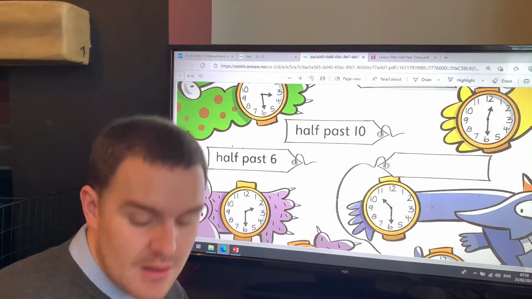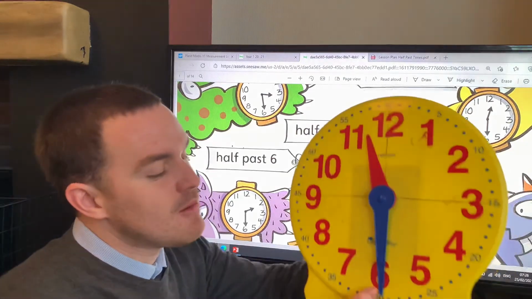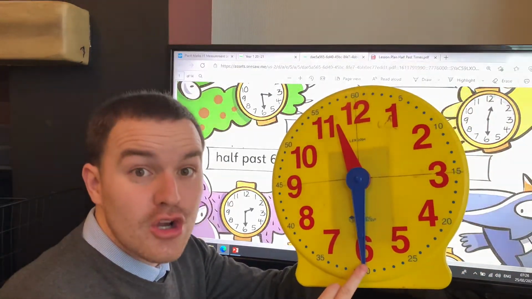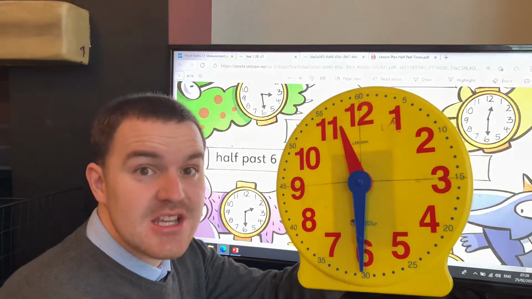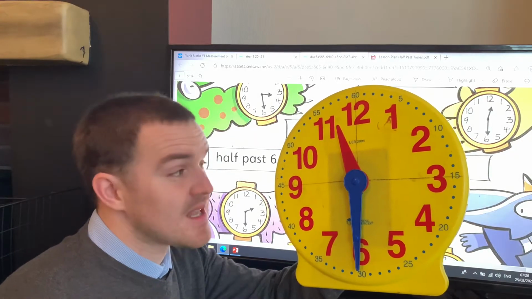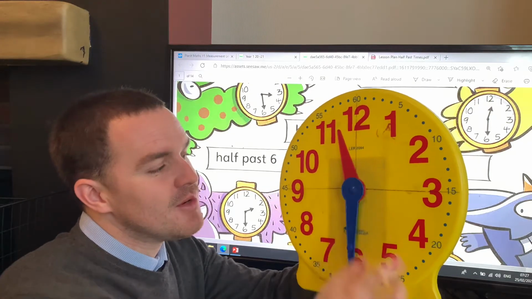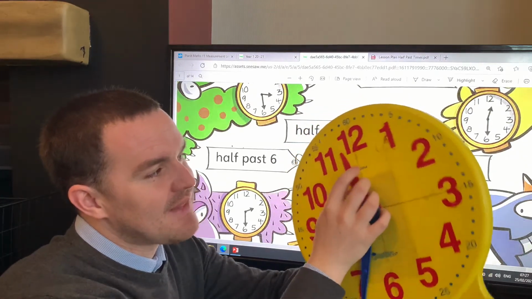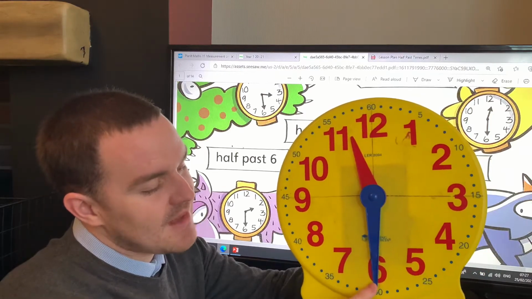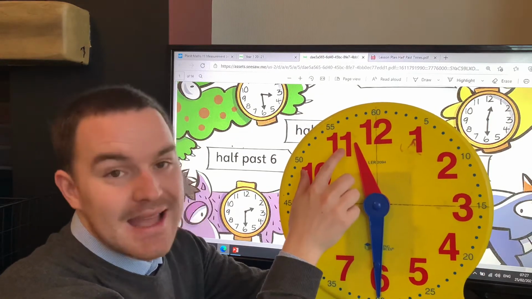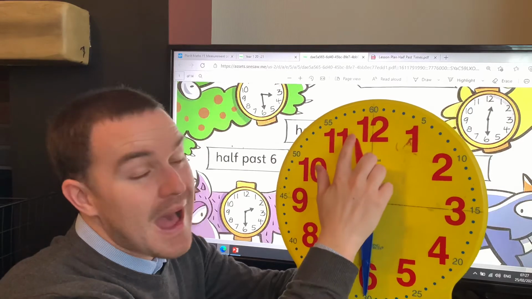Now remember, be careful, because when you're drawing the hands, we want the longer hand, the minute hand, to be going down to 6 if it's a half-past time, and the hour hand to look a little bit shorter and to be in between. We don't want it to look like 11:30 and that hour. If I'm doing 11:30, I don't want that hour hand to be exactly at 11. I want it to be just past it, halfway between.